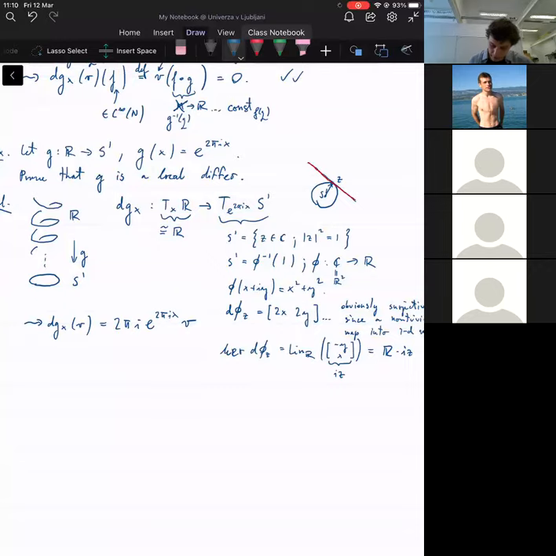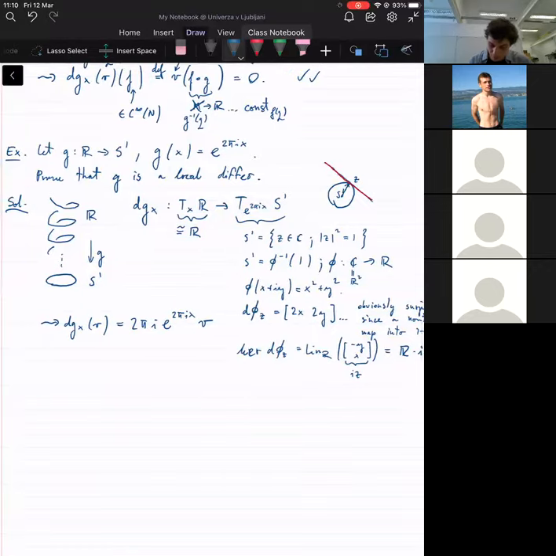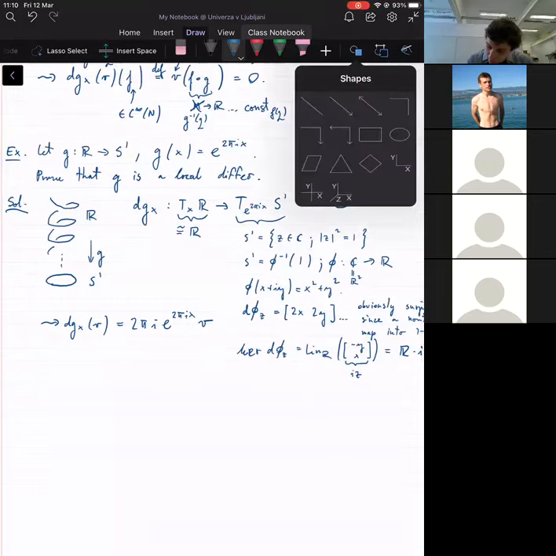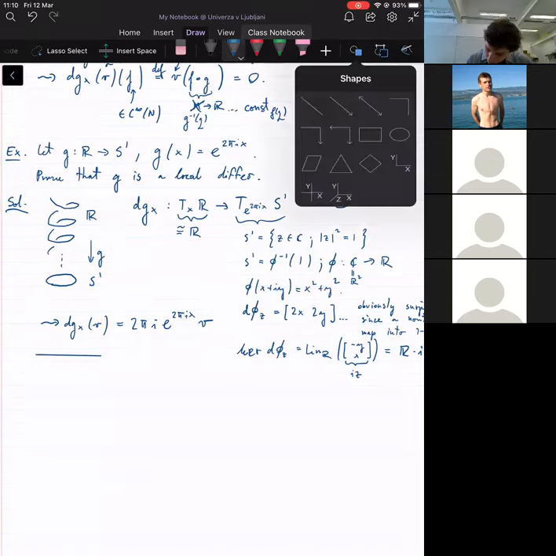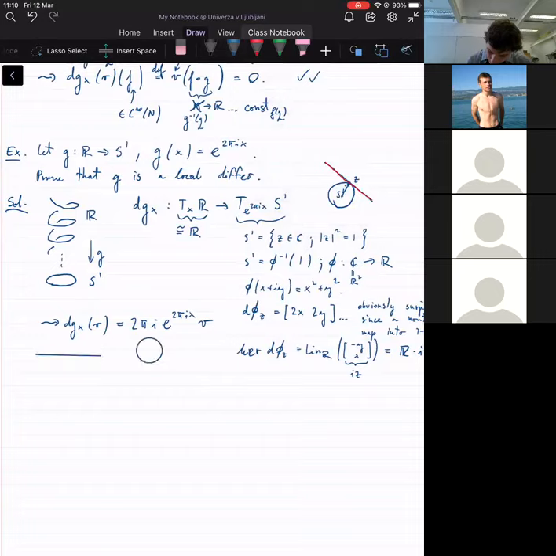So what is this v? You're probably asking me now, how do we interpret it? Well, you have a real line here, and you also have a circle here, and say that you pick a point x here. Well, v is then nothing else but this vector that is attached to your point x.